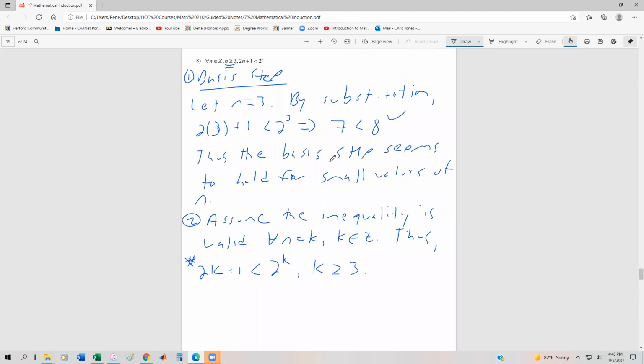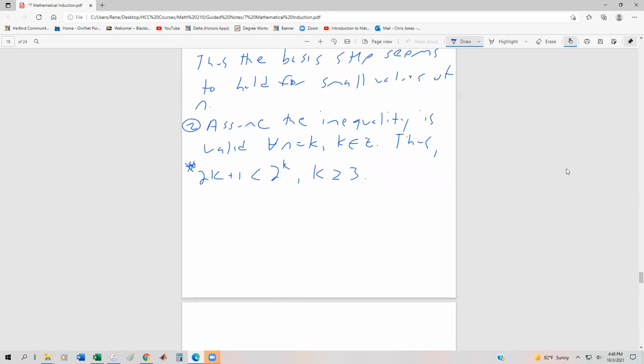So our first two steps are the same as we've always done: the basis step, and then the inductive hypothesis. Remember, I'm going to put this in brackets. This is our inductive hypothesis. Now what we're looking for in step 3 is to verify that the formula is true when n equals k plus 1.